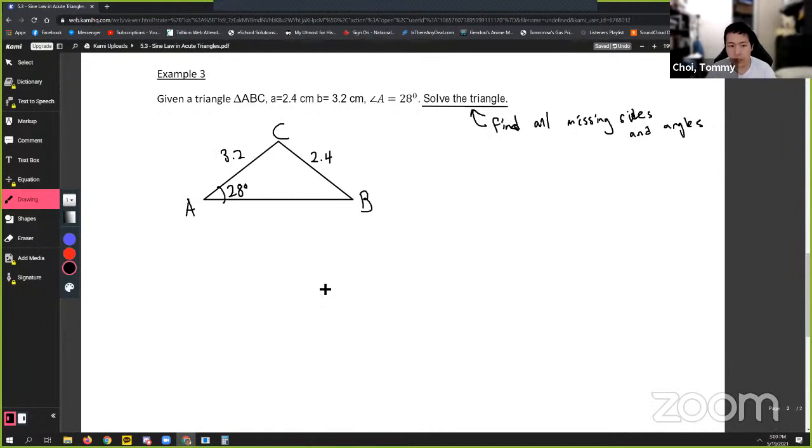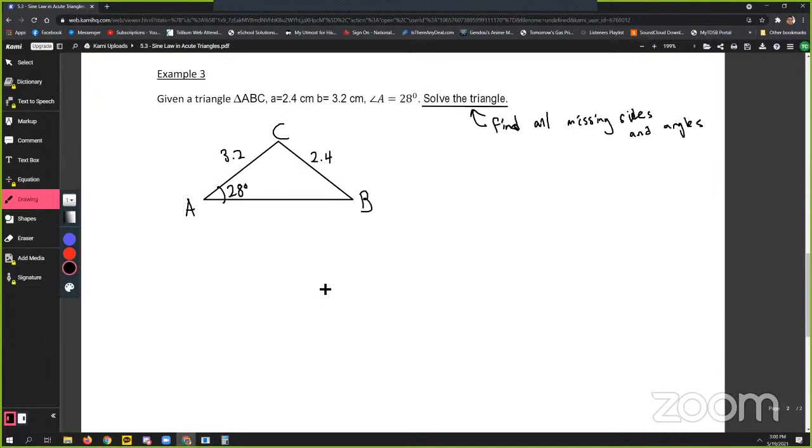let's try to target this down. What missing angle or side are we solving for here? Are we solving for side C, or angle B? Which one can we solve for first? I heard it.